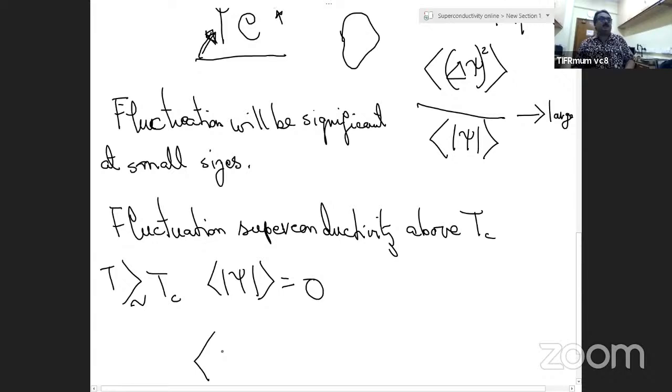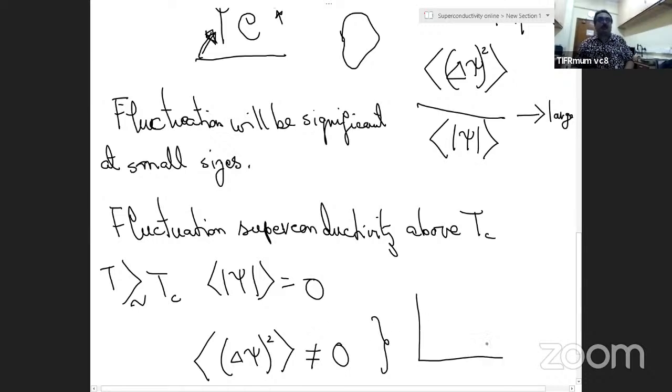But still I have this fluctuation which is not 0, and therefore I will have superconducting effects that persist. For example, the superconducting gap, instead of closing like this, as you have all derived from BCS theory, will start forming this large tail.